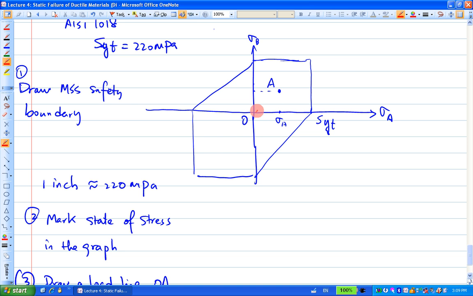Draw it and extend it. That's your load line. And this load line will intersect with the MSS safe boundary at a point. Let's call that point B.